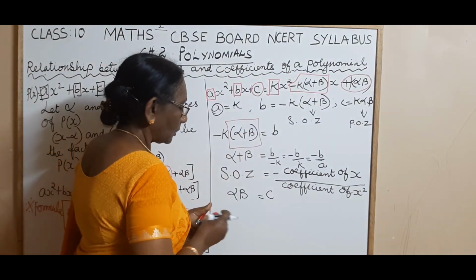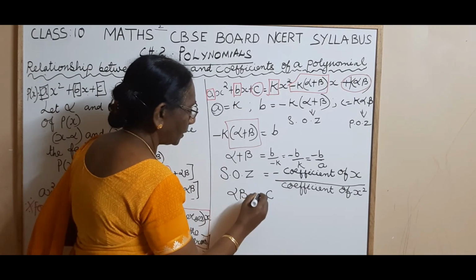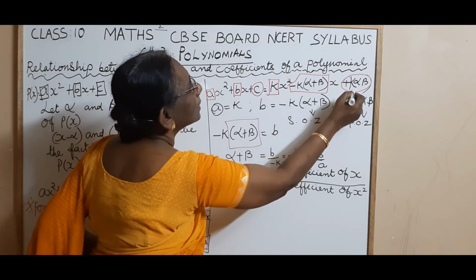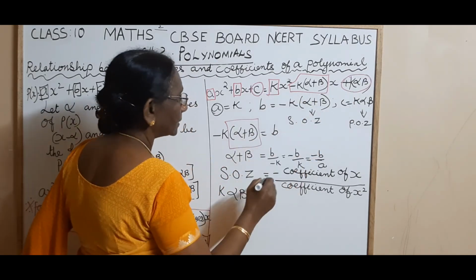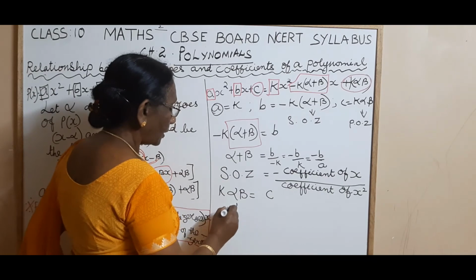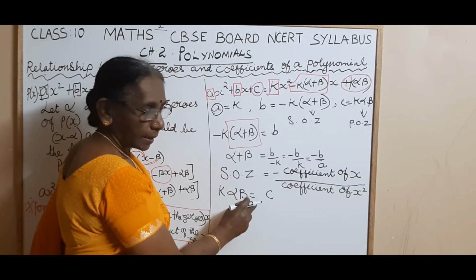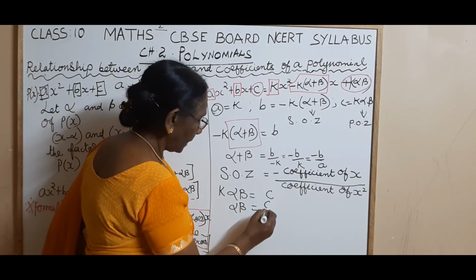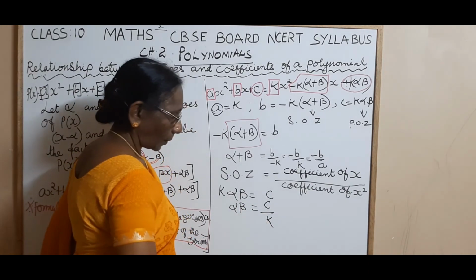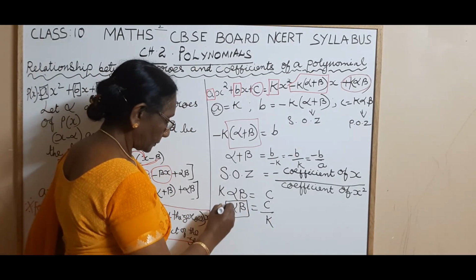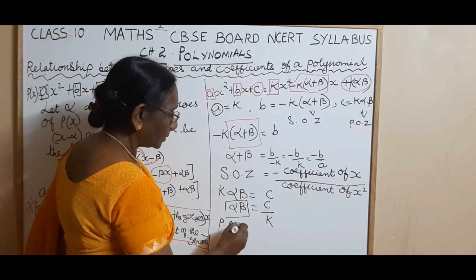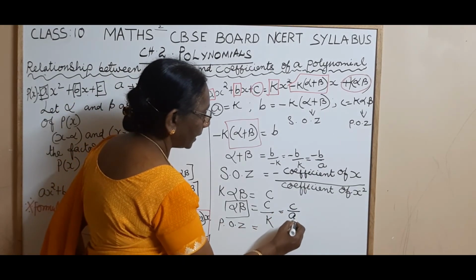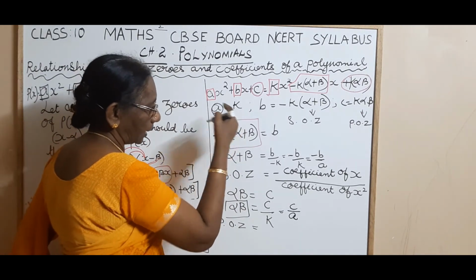So equating this and this, k alpha beta is equal to c. So alpha beta is equal to c by k. Alpha beta is what, children?